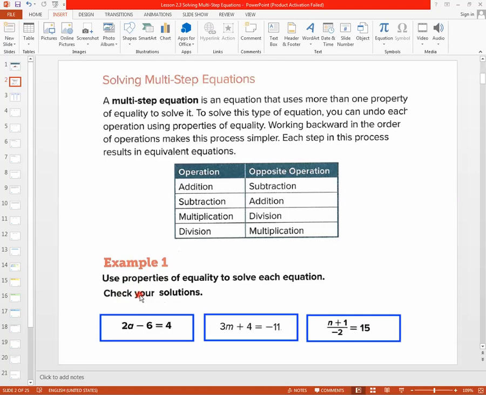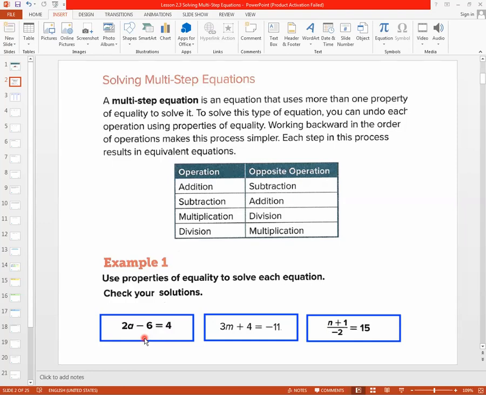Example 1: use properties of equality to solve each equation and check your solution. We have three equations. The first one, 2a minus 6 equals 4. We have subtraction here. We have to add 6 to each side.